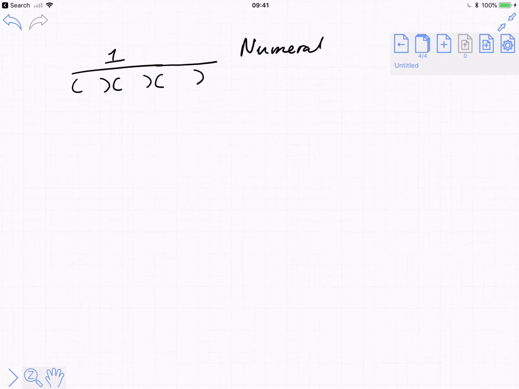Way in which a transfer function behaves when we factor that. So this is the numerator, this is the denominator.